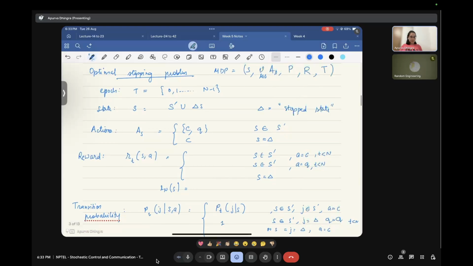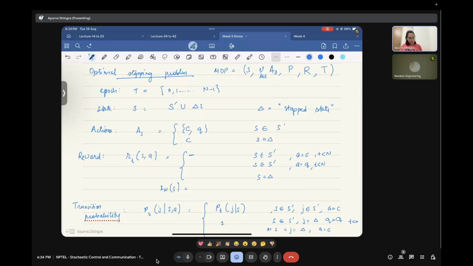Now, next part is to model the reward. Now, the reward will differ in what situation you're in. So, if you're in the S dash state, meaning the MDP is going on, it's ongoing, and you have decided to continue, and it has not hit the last terminal state, meaning you'll incur a cost of being a part of it, or you'll incur a cost of just being in the market, in the sense you lose other opportunities.